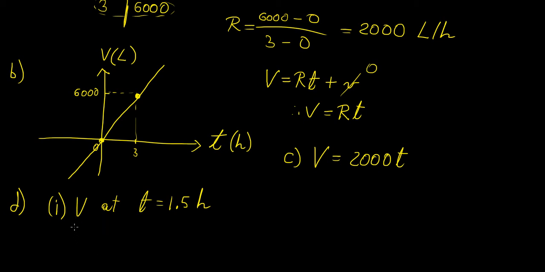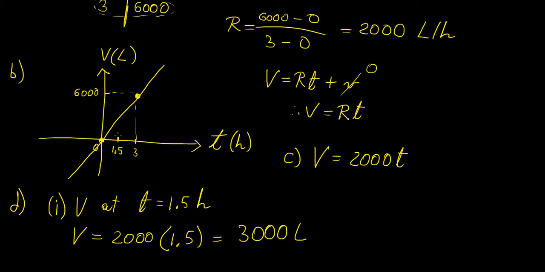V at 1.5 is 2,000 times 1.5, which comes to 3,000 liters. And we can check that, because if we draw a line at 1.5 here, that takes us halfway through, and then we should end up somewhere here. So if we draw the graph properly, we can always check our answers graphically.